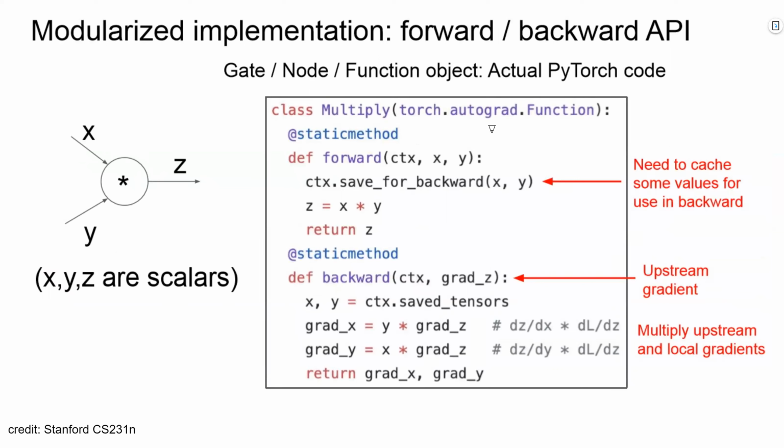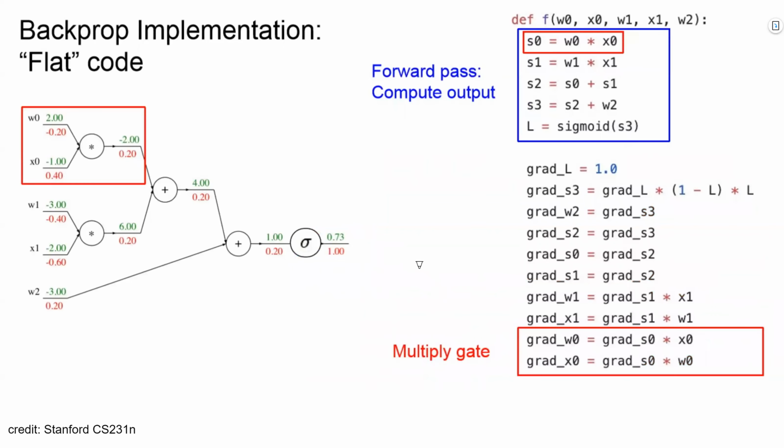And this is the actual PyTorch code. Another thing you need to note here is that when we're doing the forward calculation, we need to save or cache some values. Because as you see here, to calculate the gradient of x1, we need to know the value of w1.